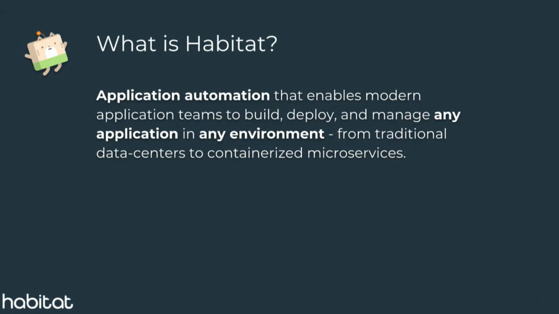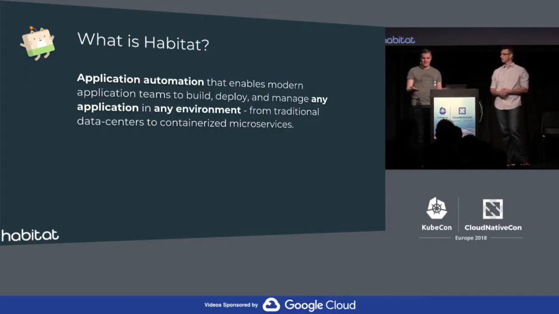This is basically a way to let application teams, operators and release engineers work together collaboratively to package any kind of application, so any runtime or native code that ultimately could be deployed in any environment. So this is bare metal and servers. In this case, though, we're talking at a Kubernetes conference, so it works really well in Kubernetes and in containers as well.